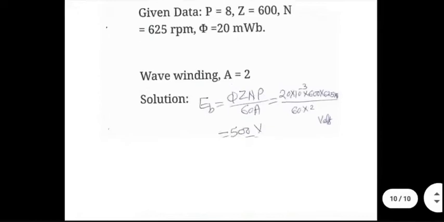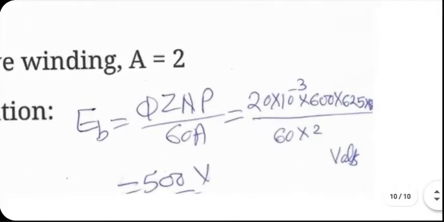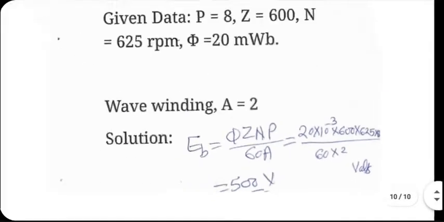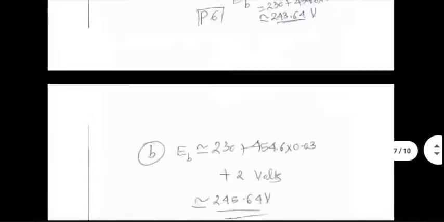Okay, so plug in all the values. P is 8. You probably cannot see it, but it's easy for you to make these calculations. 20 into 10 raised to the power minus 3 into 600 into 625 into 8 divided by 60 into 2. So the back EMF in this case turns out to be 500 volt. Straightforward calculation. Okay.